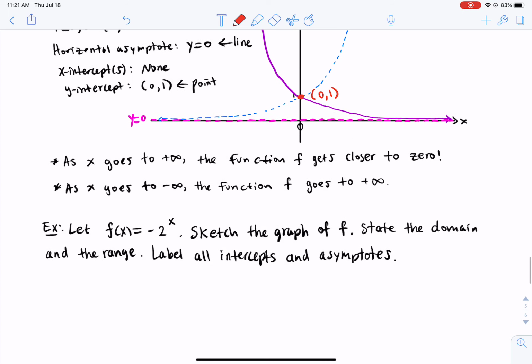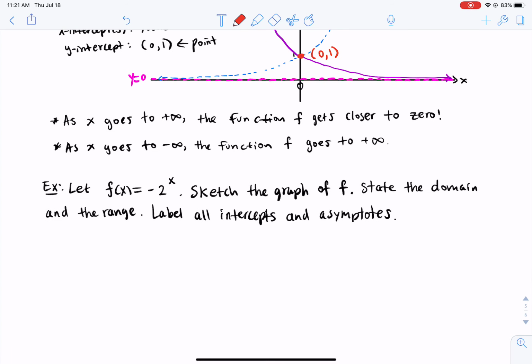There you go. So what will be the original function here? The original function will still be 2 to the x. What transformation do you do to this one to get the graph that you want? Reflection over the x-axis, correct? Because the negative is in front of this entire function.